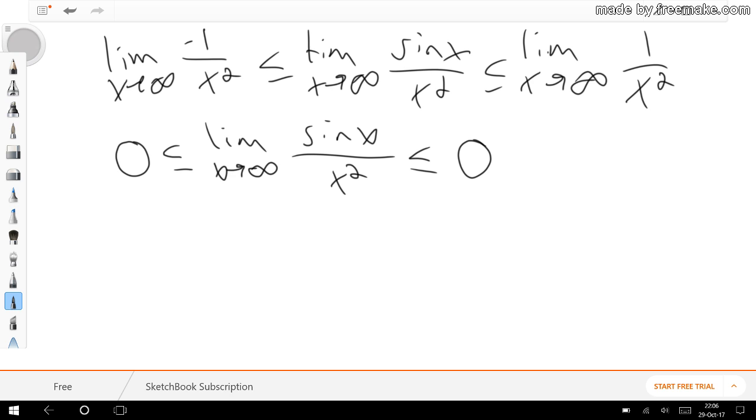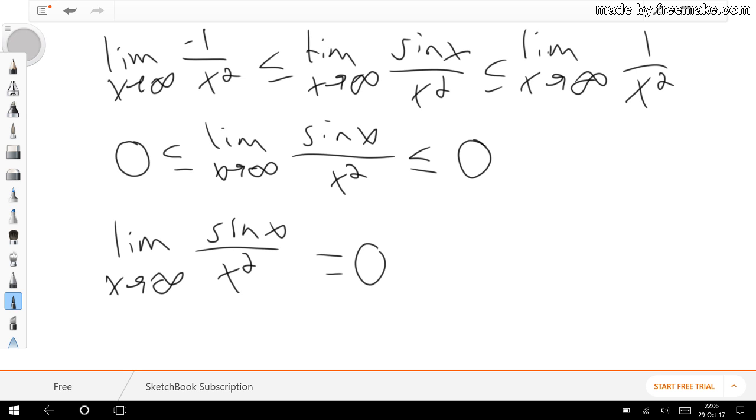If a value is greater than or equal to 0, but it's also less than or equal to 0, what does it clearly have to be? Well, of course it has to be 0. So we would end up with limit as x approaches infinity of sine x over x squared is equal to 0.